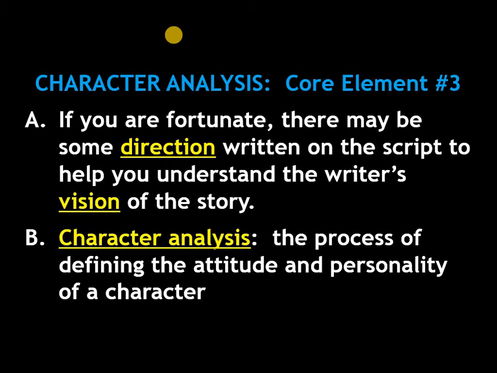Character analysis, going back to some of the core elements that we talked about in Chapter 8. This is core element number 3, C for character. If you are fortunate, there may be some direction written on a script to help you understand the writer's vision of the story.